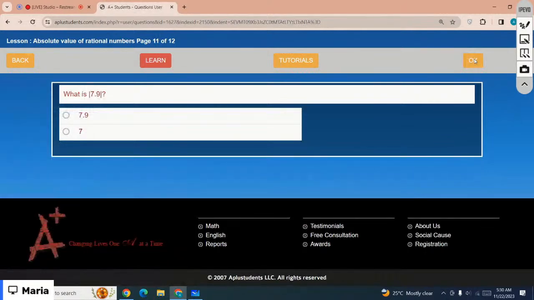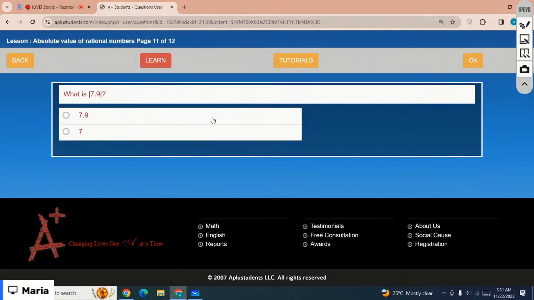What is the absolute value of 7.9? Okay, that is 7.9.